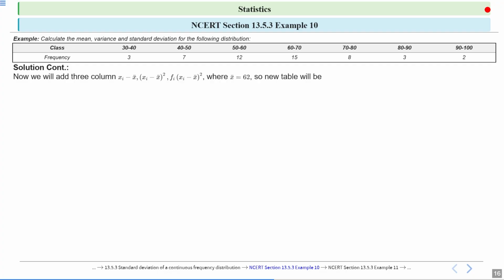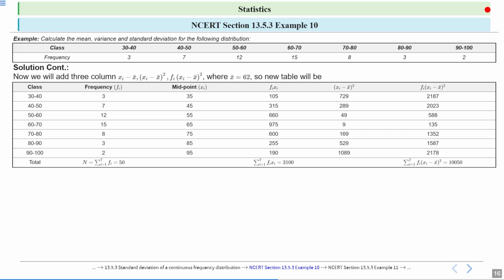Now, to calculate variance and standard deviation, we need to add three new columns to our table. They are xi minus x bar column, xi minus x bar whole square column, and fi times xi minus x bar whole squared column, where x bar is 62. So the new table will look like this.